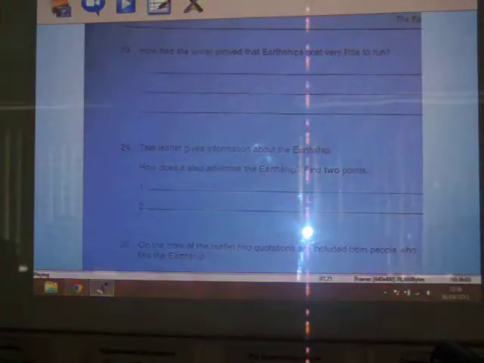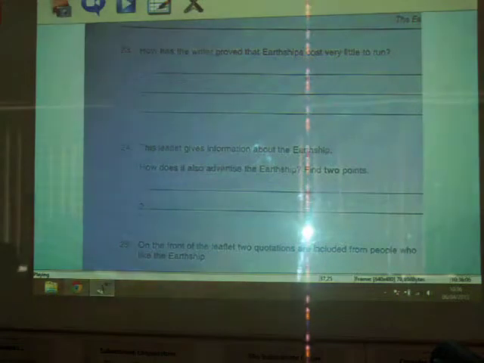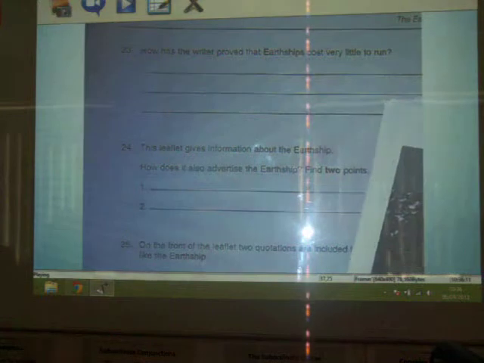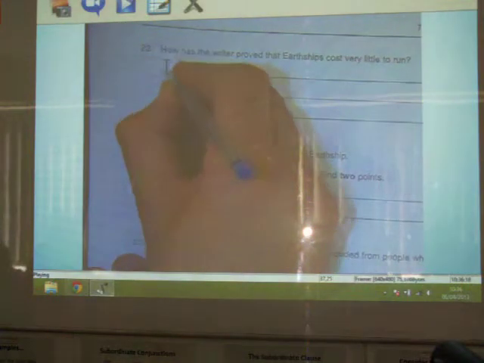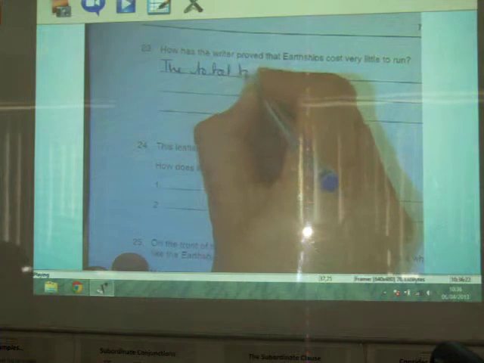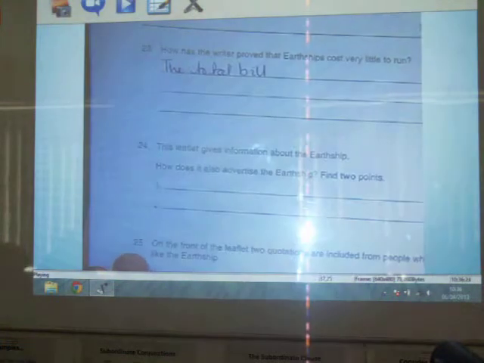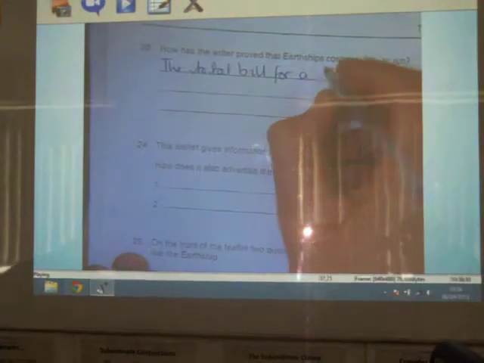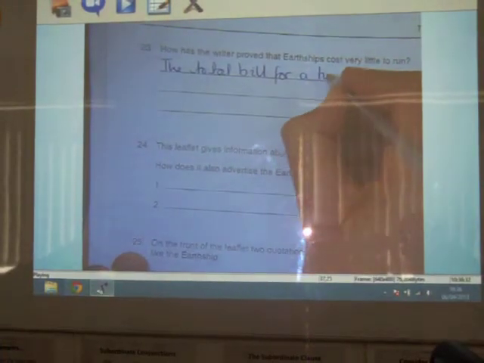Also, the energy bill for the year was only £25. Okay, excellent. So the total bill for the whole year was £25. Let's write that down. So the total bill for what kind of earthship was it?